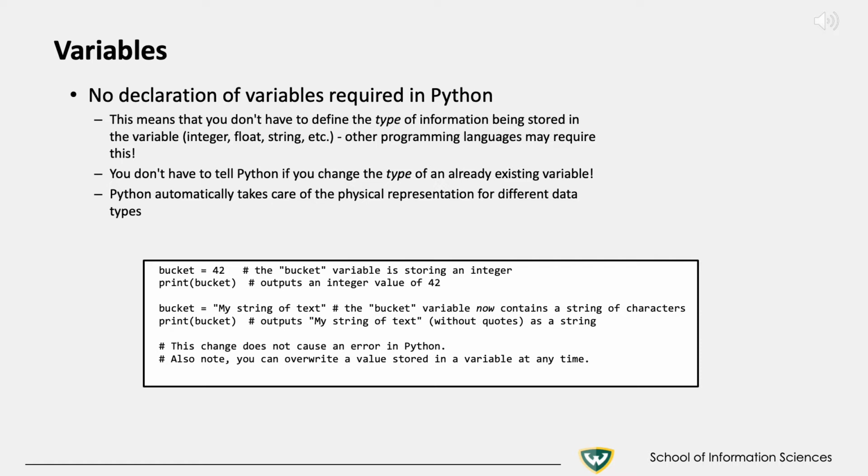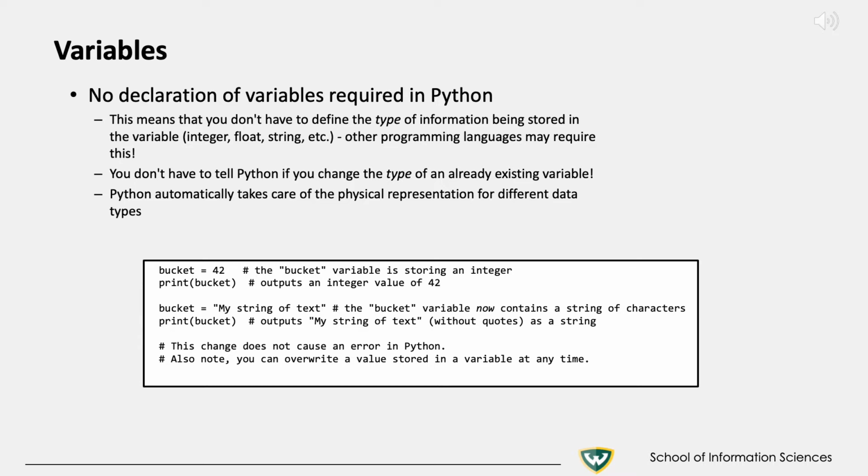It means that you don't have to define the type of information being stored in the variable. Whether it's an integer, a float, which is a decimal number, a string, which is a bunch of characters like my name is Tim. You don't have to tell Python that that's going to be stored in the variable. You can just create a bucket and dump some data in it, and Python is good with that.